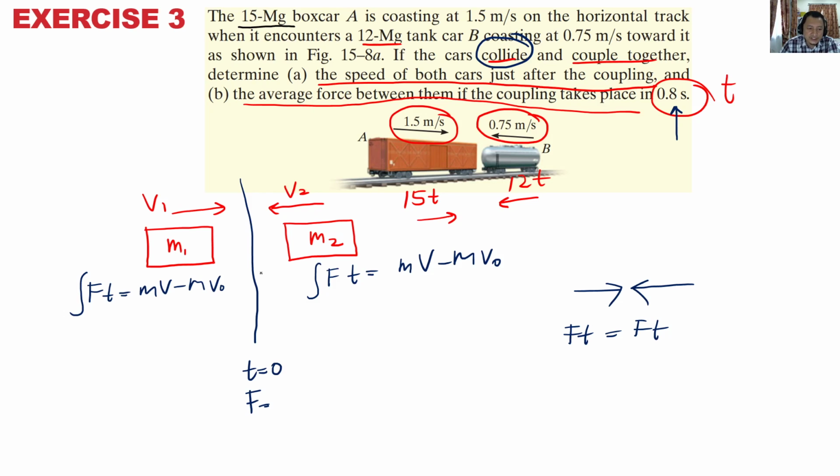So in both equations, the previous momentum is going to be equal to the final momentum. How do I put this? Let's write it down. So if Ft and Ft is the same, you're gonna get m1 v1, which is the momentum of this object.